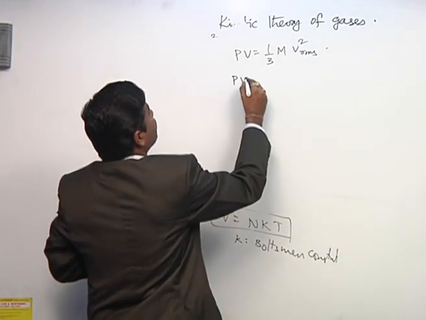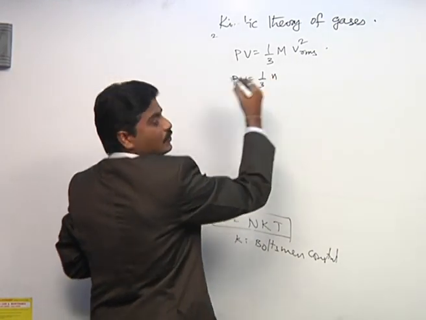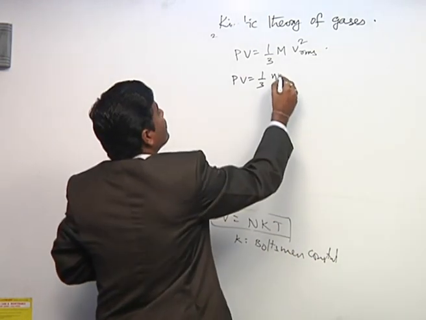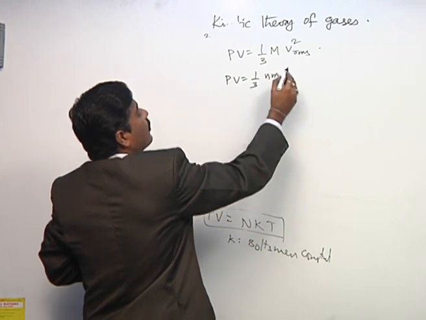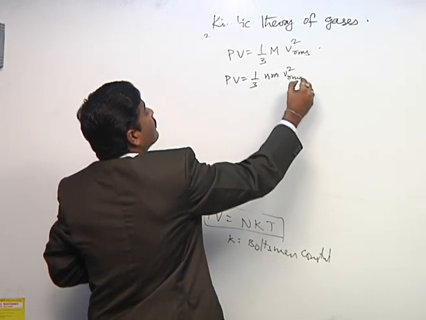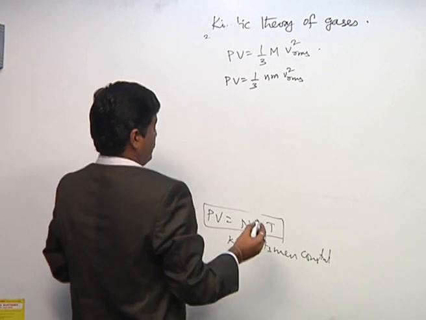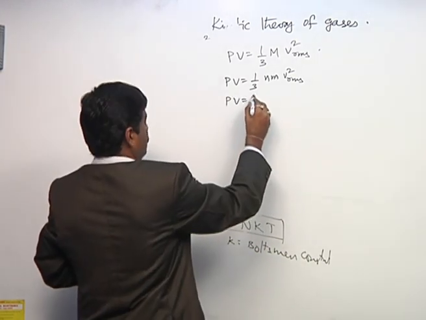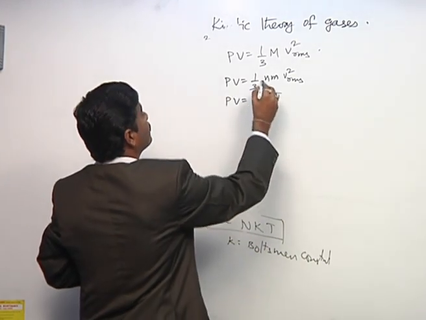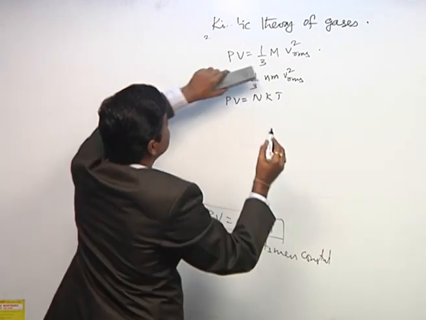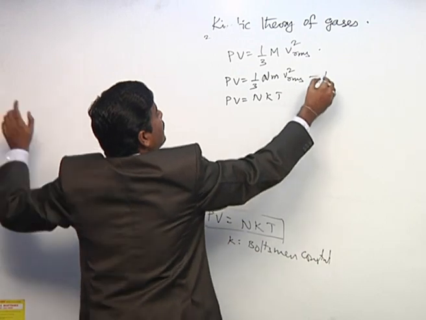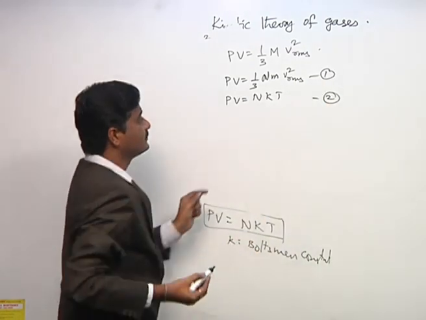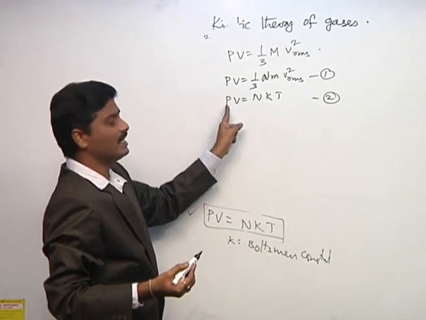So from this, PV is equal to 1 by 3 N m V square RMS, where N is the number of molecules and m is the mass of one molecule. If you compare these two equations, PV is equal to NkT here, this N is the number of molecules, and here also N is the number of molecules. On the left side, P and V are the pressure and volume of the gas.